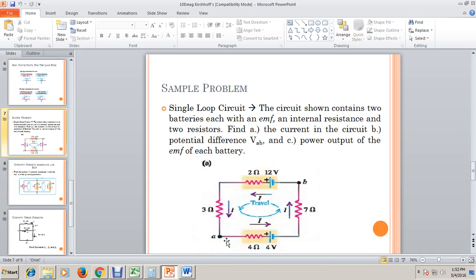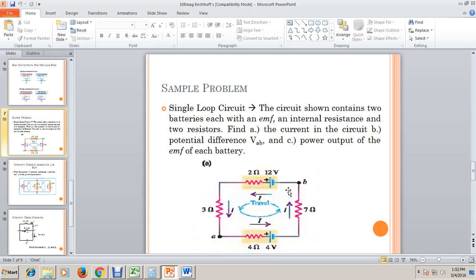The idea here is that by virtue of Kirchhoff's loop rule, the voltage distribution in the upper branch and the lower branch should sum up to 0. So the sum of the voltage in the upper branch should sum up to 0 with the sum of the voltage of the circuit elements for the lower branch.